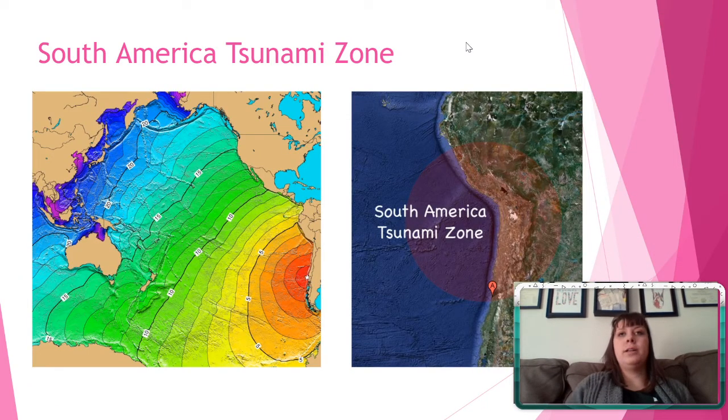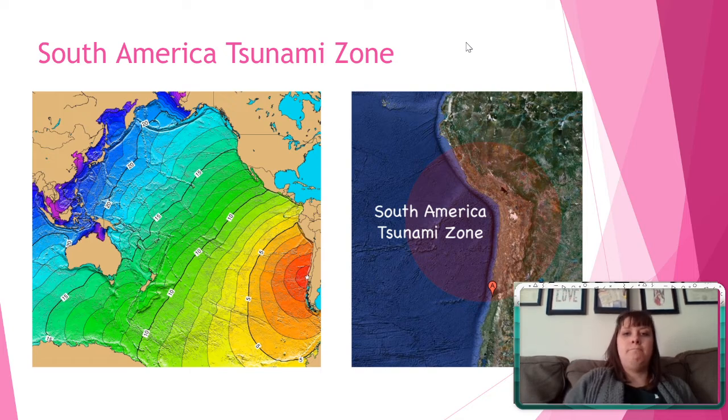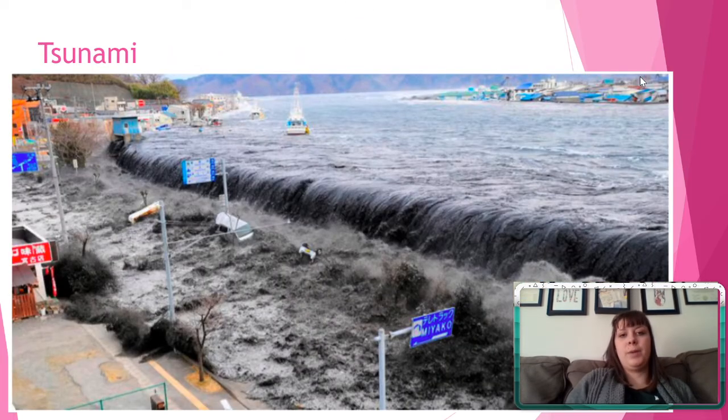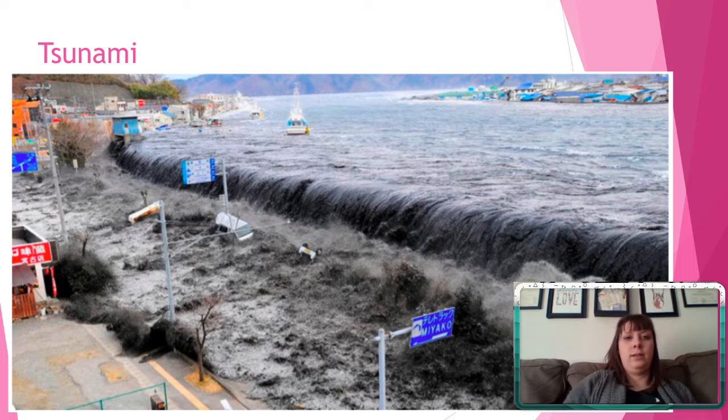South America also gets tsunamis. Mostly we see them impacting Chile along the coasts. Right, so here's another picture of that 2011 one that happened in Japan as it was coming in and hitting the coast.